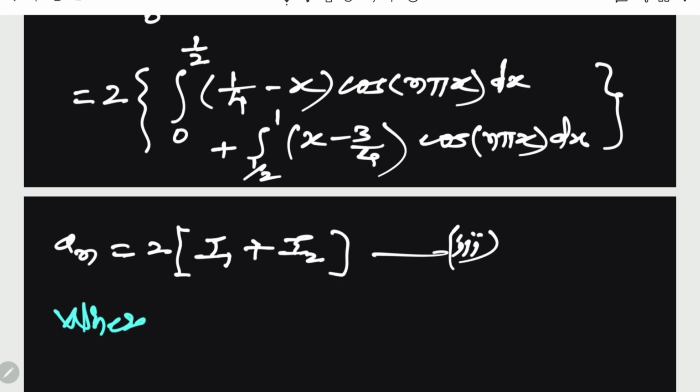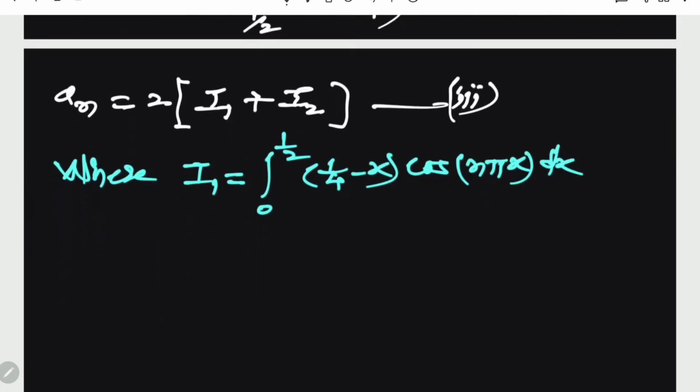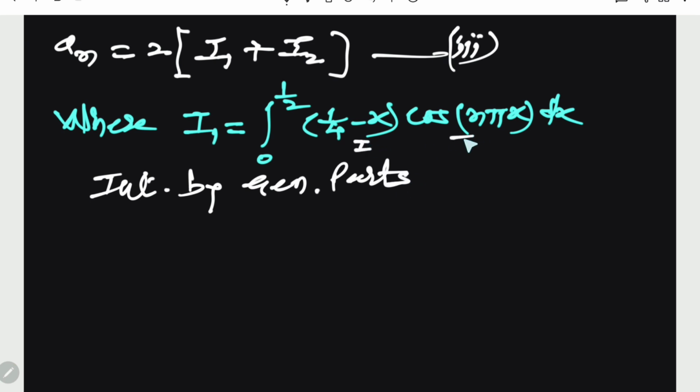Here I1 is nothing but the integral from 0 to 1 by 2 of 1 by 4 minus x multiplied by cos of n pi x with respect to x. As there is a product of two terms of x, we have to integrate it by generalized parts. Algebraic must be the first and trigonometric the second term.